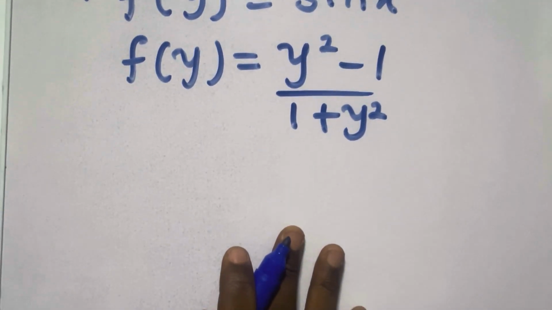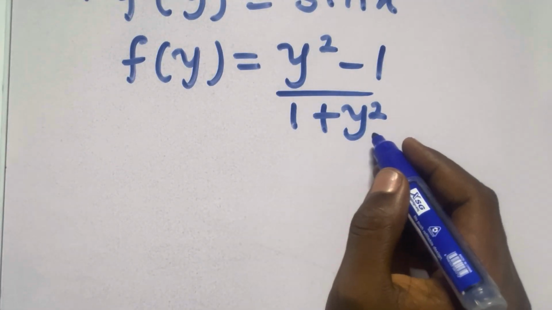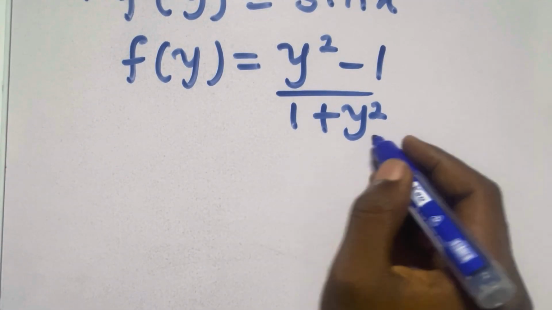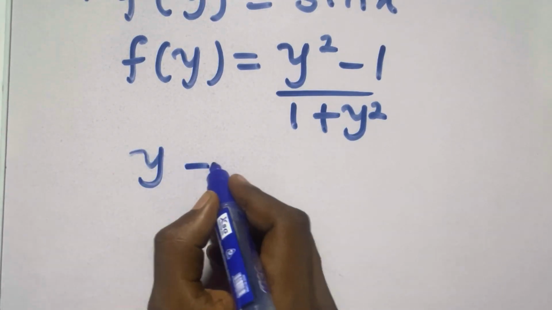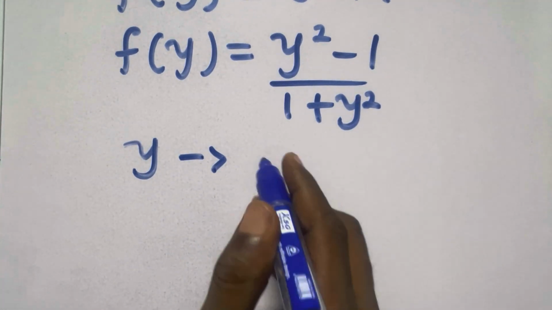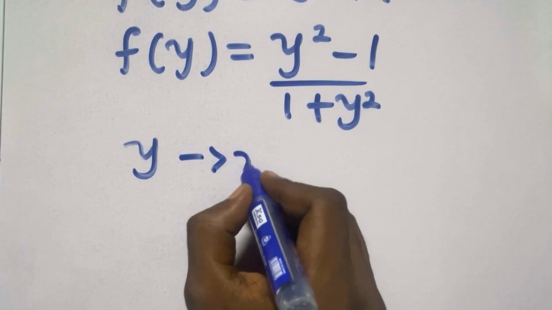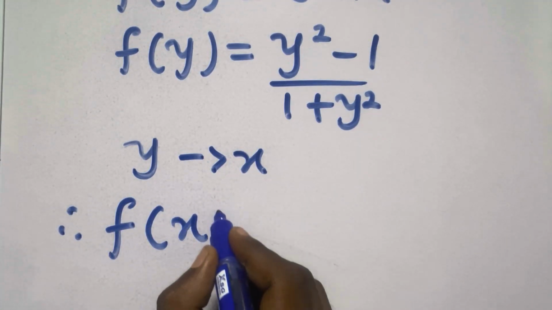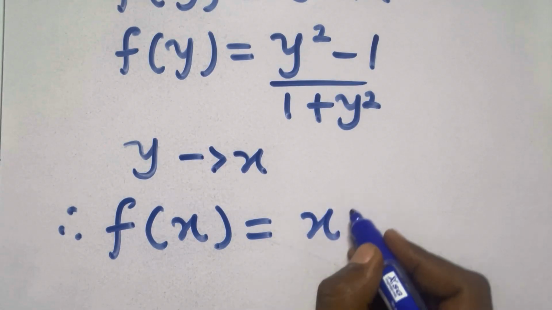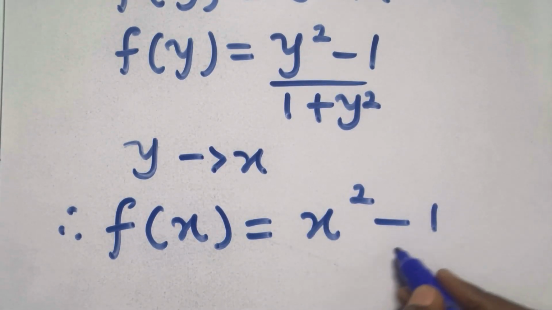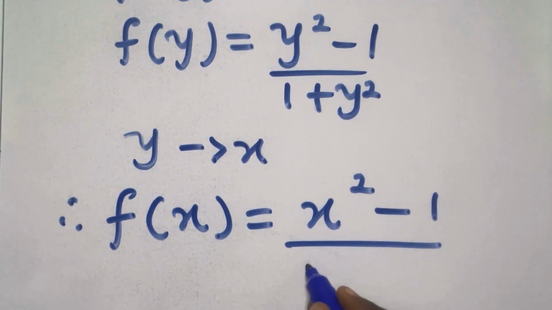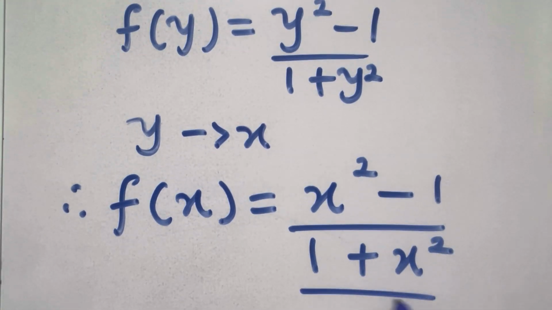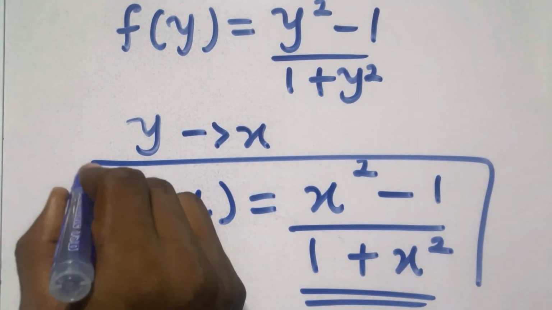All right, so since we are trying to get f of x, what we will just do is to replace every y with x. And therefore we have our f of x to be equal to x squared minus 1 divided by 1 plus x squared. So this is our f of x.